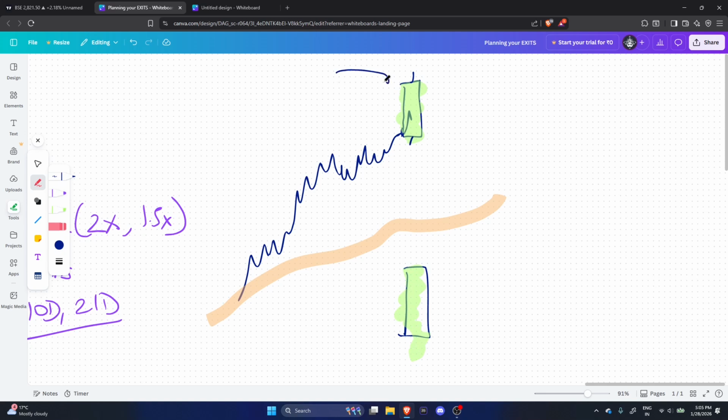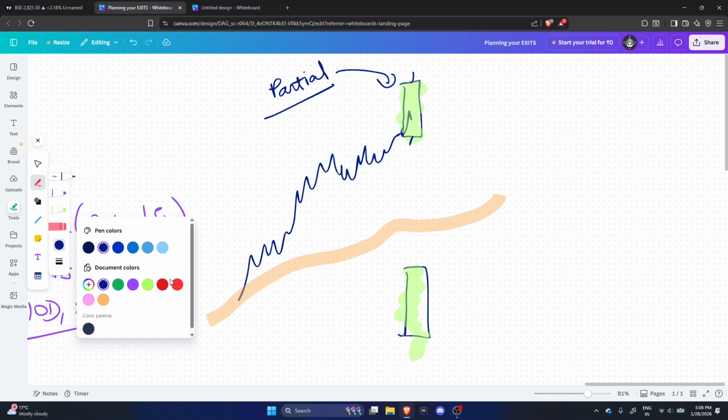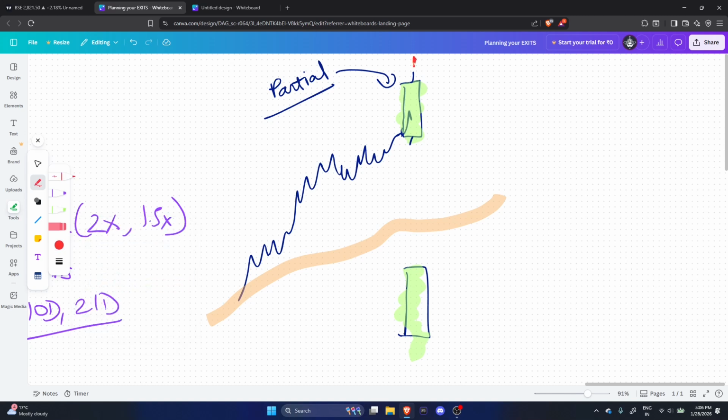This is where you can plan to take a partial. Okay, so let's just add an arrow. This was your first exit.